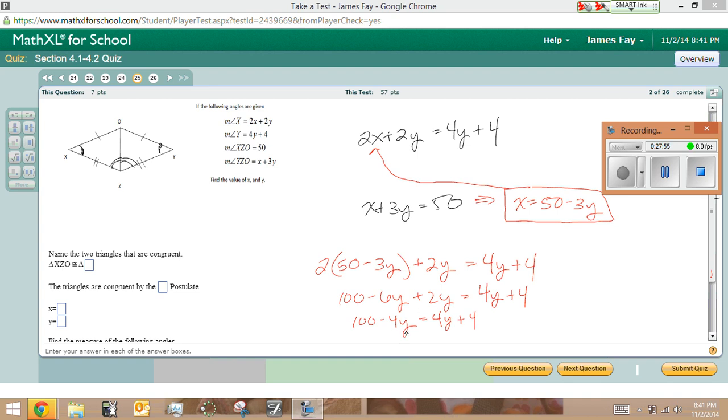Add 4y to both sides, subtract 4 from both sides, and getting 96 is equal to 8y. Y then ends up being 12. Well, if y is 12, I can come up here and solve for x now. X is 50 minus 3 times 12. Well, 3 times 12 is 36, so 50 minus 36, x is 14. So y is 12, x is 14.